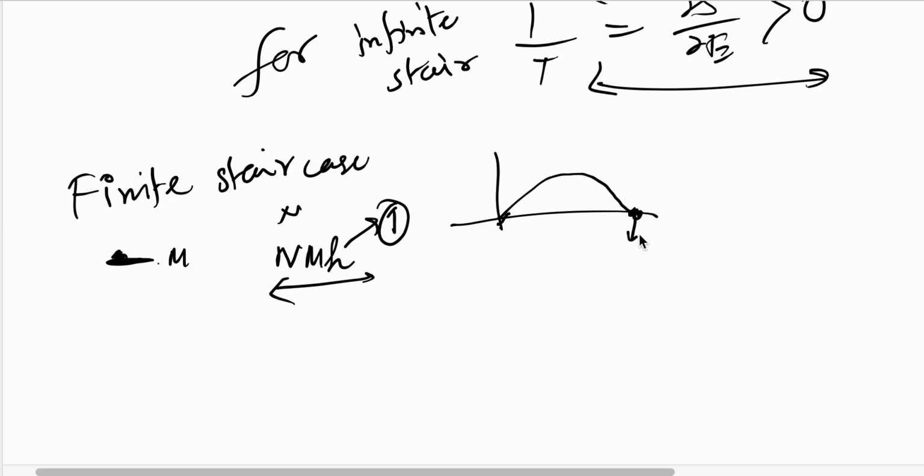This energy will be N M h, and this minimum state is only achievable if all the particles are in the same state. That means this energy will be N h for the finite case.